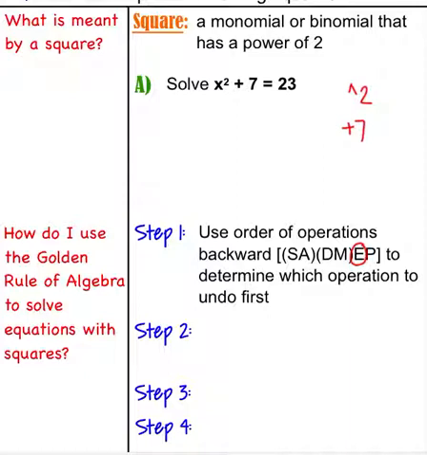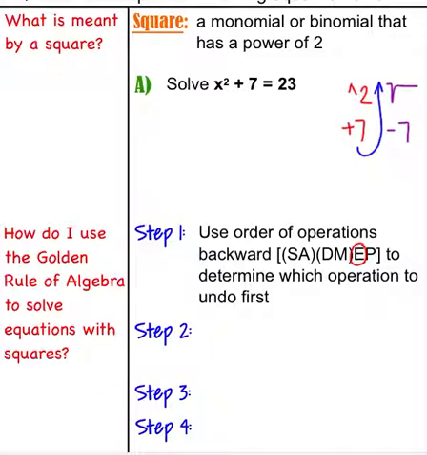So when I do my U-turn to undo everything, I'm going to subtract 7, and then if you recall from learning target 7, when we have squaring, we're going to undo squaring by square rooting.